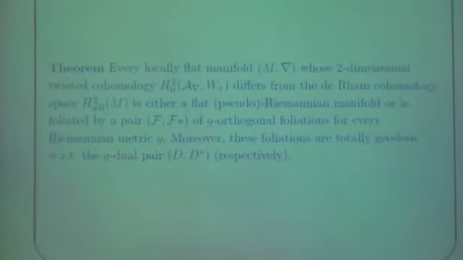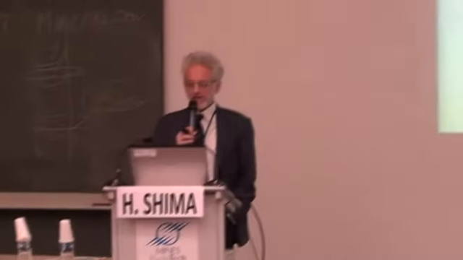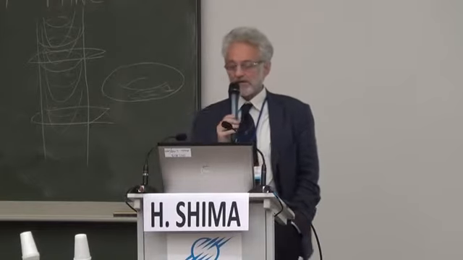On every locally flat manifold whose two-dimensional twisted cohomology, which I defined earlier in the talk, differs from the Gromov cohomology, so that we have something additional in the cohomology defined earlier, either this manifold is a pseudo-Riemannian manifold, or it is foliated by a pair of orthogonal foliations for every Riemannian metric. These foliations are totally geodesic.